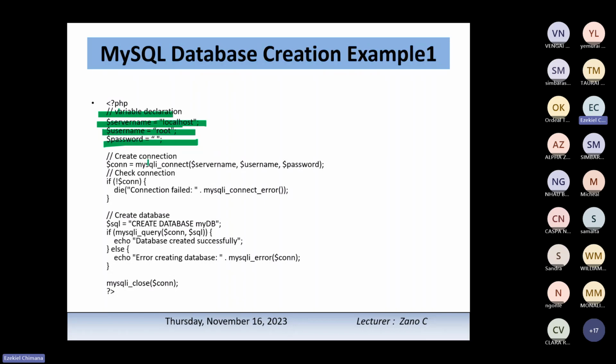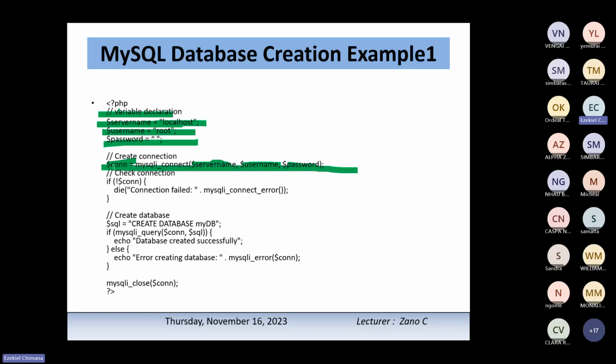This is how you create the connection. $connect or CONN is just the name of the variable which is going to store the connection to the server. Then in MySQL connect, you pass the server name, the username and the password.